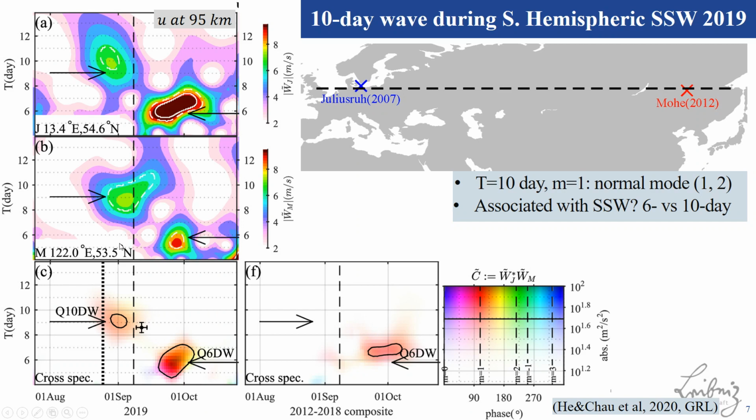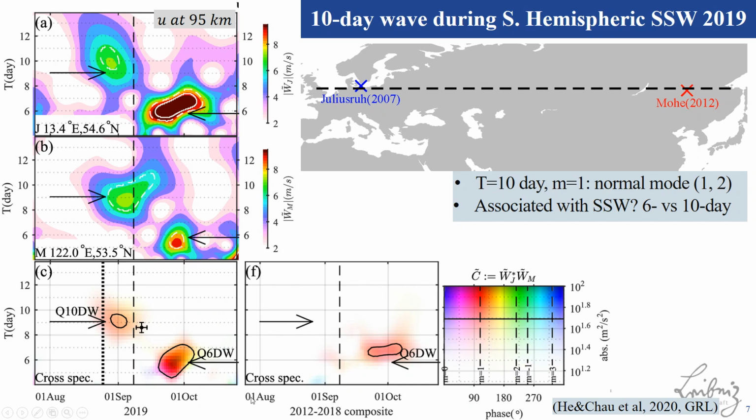The color hue of the cross wavelet denotes the phase difference between the stations, which is a function of the zonal wave number. In all these three panels, there are two peaks near the periods of 6 and 10 days, respectively, and the color of the cross wavelet suggests both peaks are associated with zonal wave number 1, which further suggests they are Rossby wave normal modes, or planetary wave normal modes.